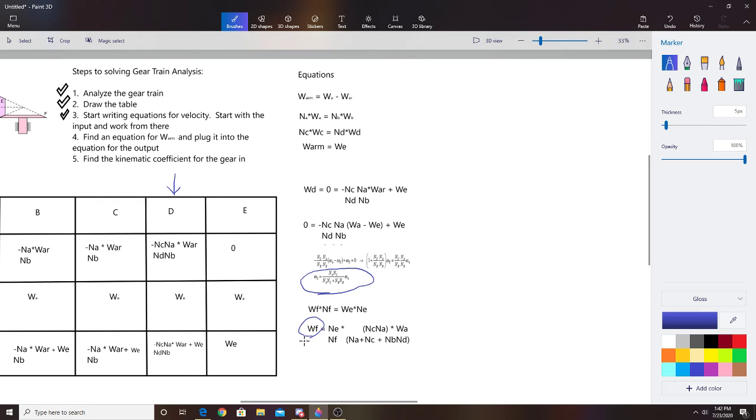For example, if you got to this point, and I gave you that NE was 20, NF was 35, and all the numbers for each of these and the input velocity, that's a matter of just plugging into your calculator, right? There's no extra understanding that has to come in. It's just that if you plug it into your calculator, you'll get an answer. So that's why I'm not really focused on that. I'm focused on if you guys can make this table and get these equations. The numbers, that's kind of trivial at that point.